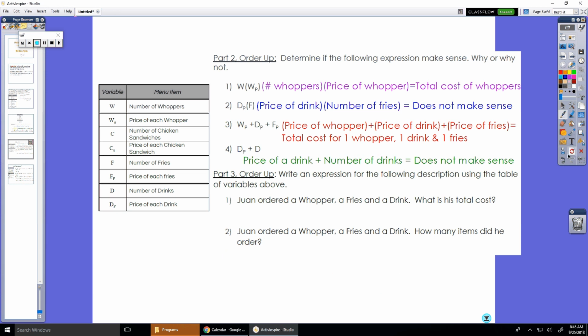All right. So now, in order up, you're writing an expression for the following description using the table variables. So you're just going the other way. And so you want to create Juan's order based off of what's here, and you want to figure out the total items that Juan orders. Okay?